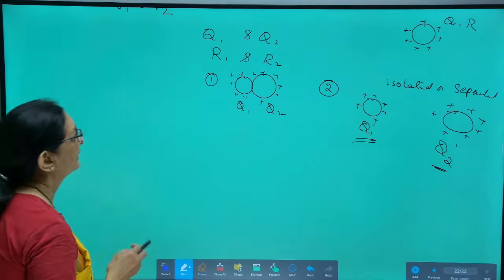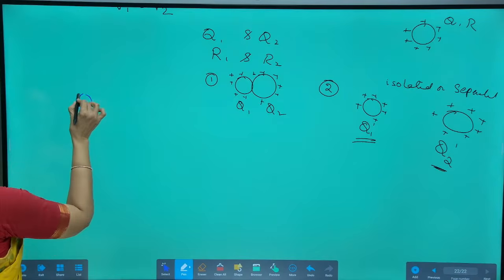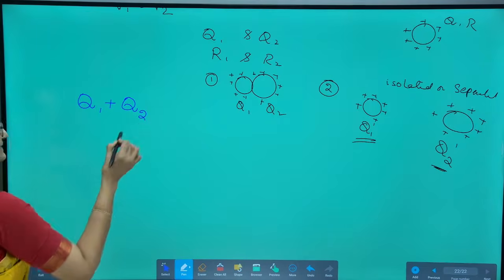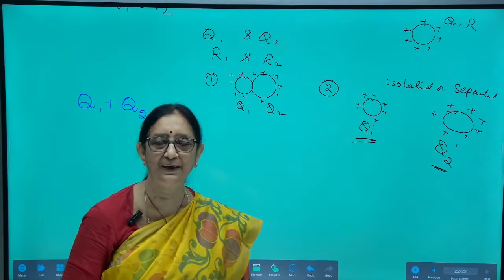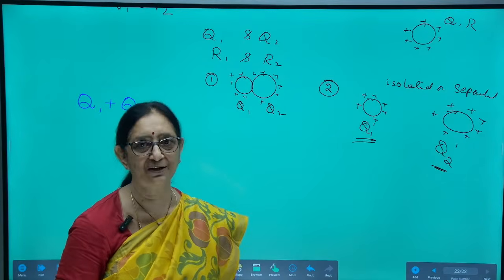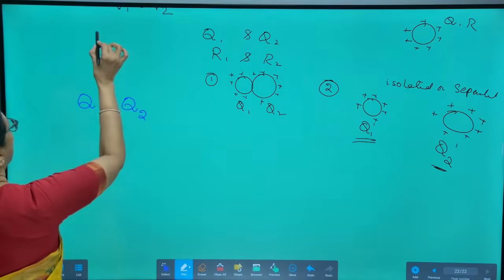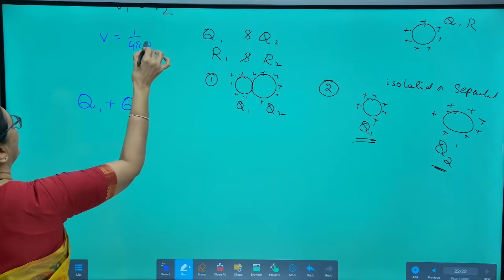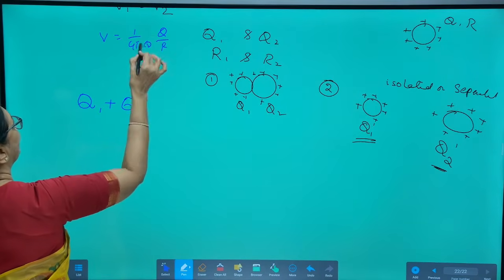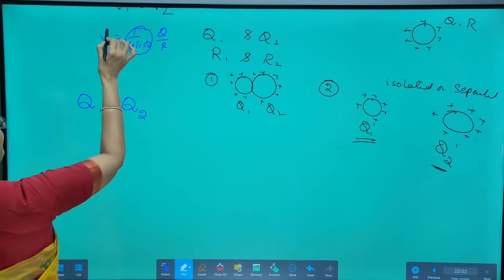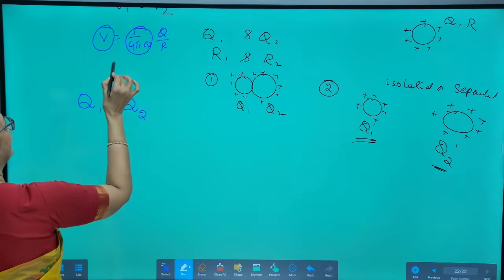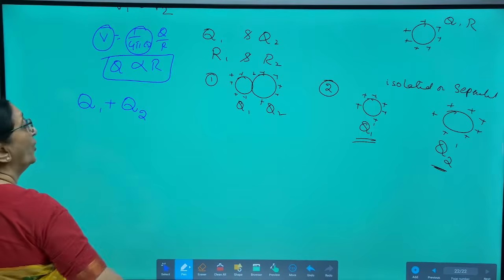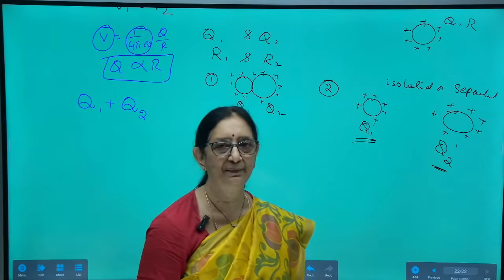So, look here, the total charge available is q1 plus q2. That gets divided among the two spheres till the potentials are equal. What is the expression for potential? V is equal to 1 by 4 pi epsilon naught q by r. So, this is same for both. As V is same for both, charge is directly proportional to r, only then their potentials will be equal.